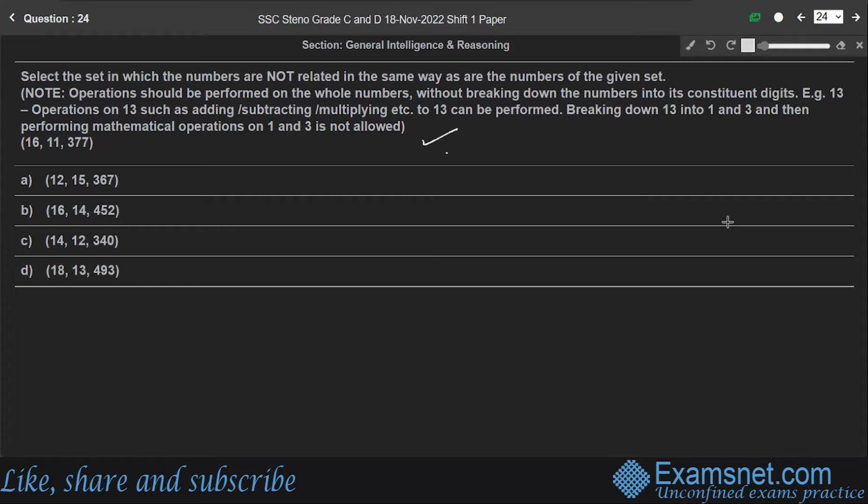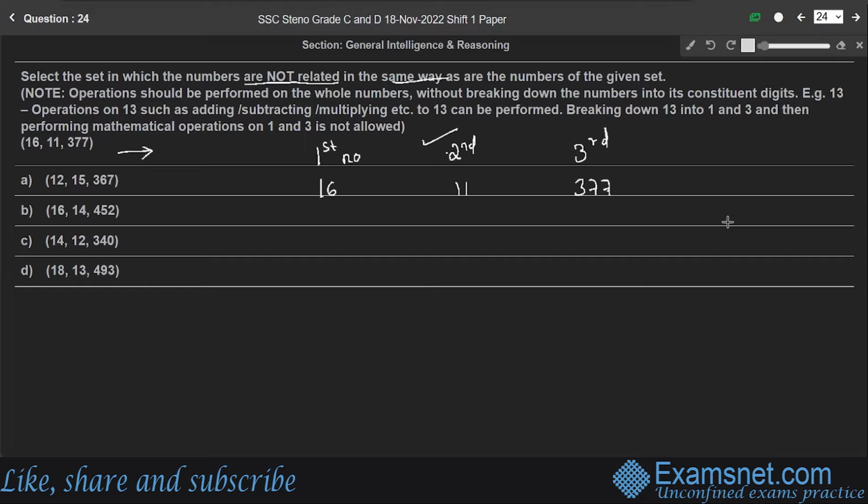Question 24. Select the set in which the numbers are not related in the same way as the numbers of the given set. In the given set, the first number is 16, the second number is 11, and the third number is 377, right?